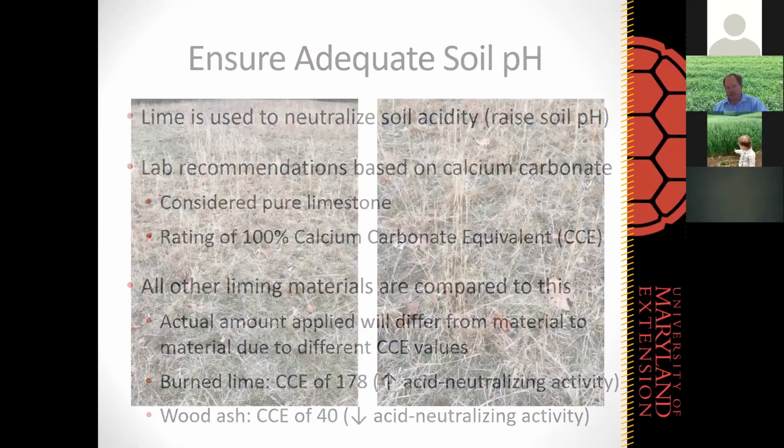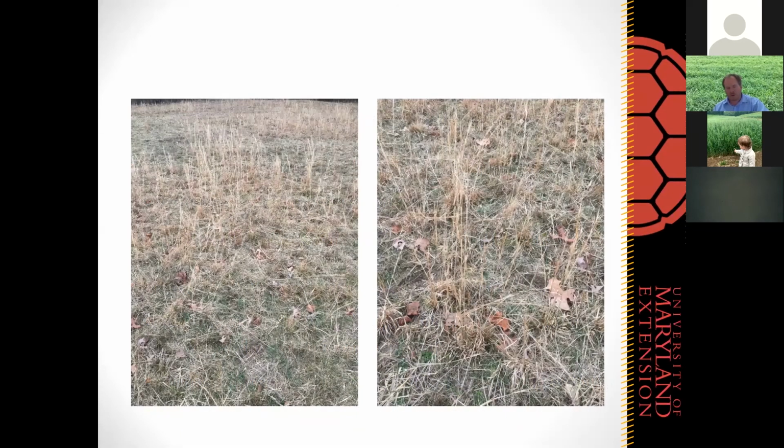Just as an example, we know that pH of the soil is going to affect the composition of species that are going to be in that stand. Those species that can tolerate lower pHs are going to proliferate in lower pH soil, and this is the classic example of broom sedge that can tolerate both low pH and also low phosphorus. But also you think of something like tall fescue.